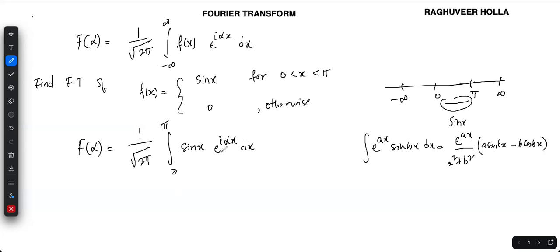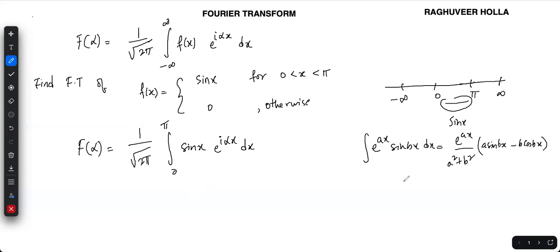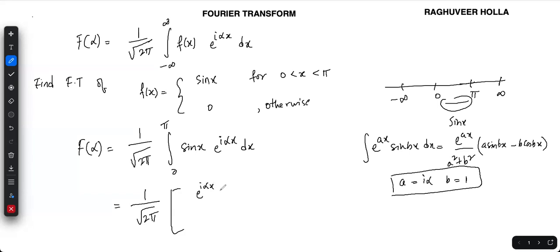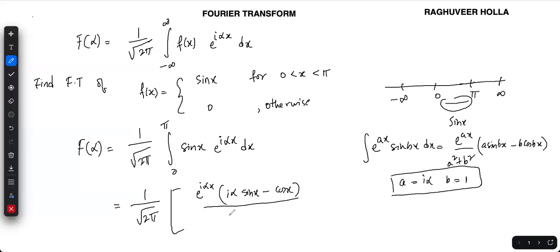Using this, if you consider a as i alpha and b as 1, this will be 1 by root 2 pi, e to the power of i alpha x, i alpha sine x minus cos x, divided by a square plus 1 square, which is i alpha whole square plus 1 square, from 0 to pi.